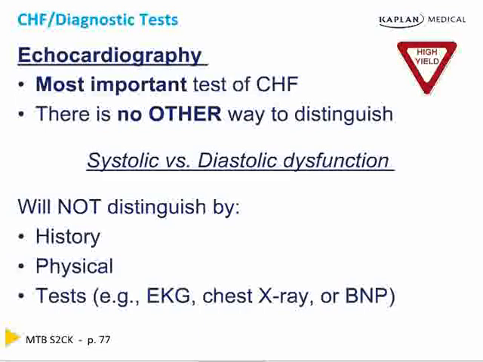That's the most important thing about BNP: to distinguish other forms of shortness of breath from congestive failure. But they can't tell you the type of congestive failure without the echo. Echo is mandatory for every person with congestive failure, period.